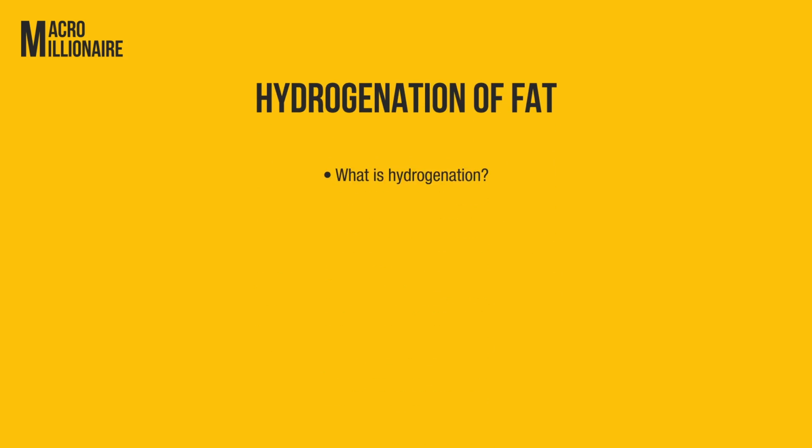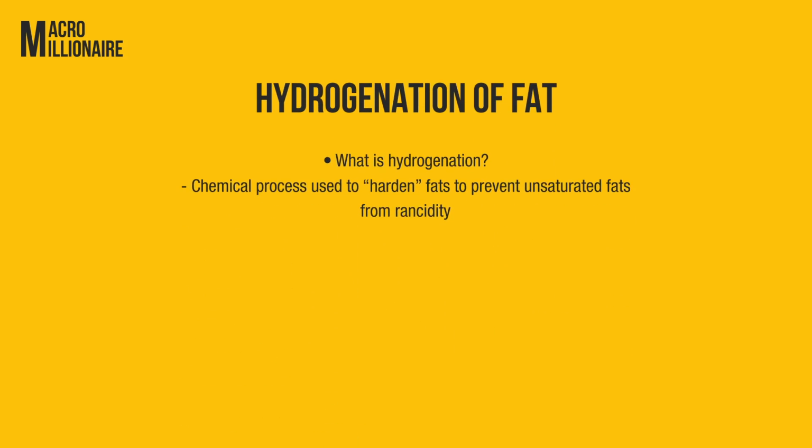Hydrogenation of fat. So what is hydrogenation? It's a chemical process used to harden fats and prevent unsaturated fats from going rancid. So it's basically a way that food manufacturers increase the shelf life of fats.